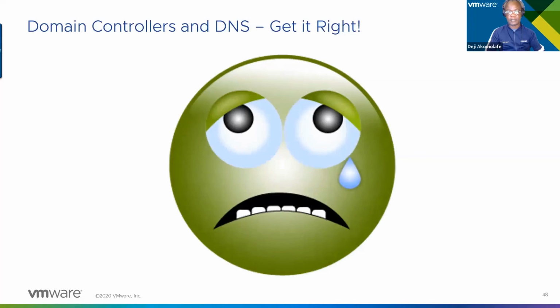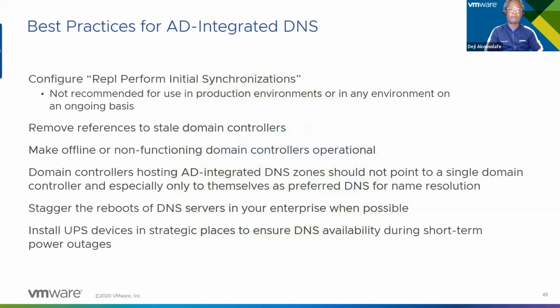You end up in a state where that DC is not performing the role it's supposed to perform in that infrastructure for the simple fact that you've pointed it at itself as its own DNS server. What we recommend is, one, don't point a domain controller to itself as the only DNS server, not even as the primary.